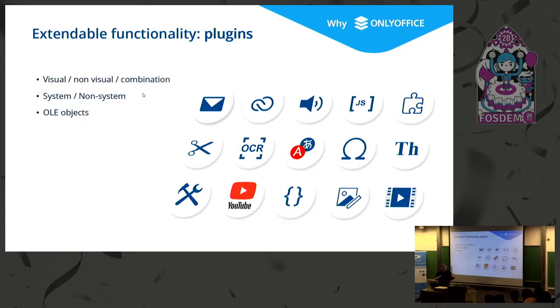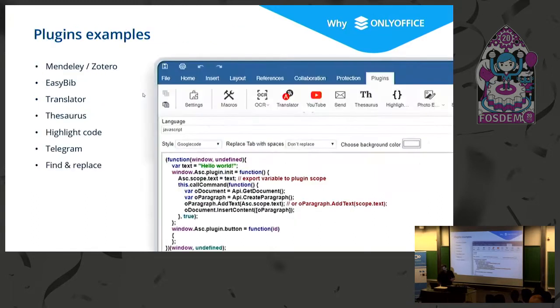We do have system plugins that just works in the background. We have non-system plugins that can be started by clicking on a button. And of course, we have OLE objects that allow you to insert some information into the document itself.